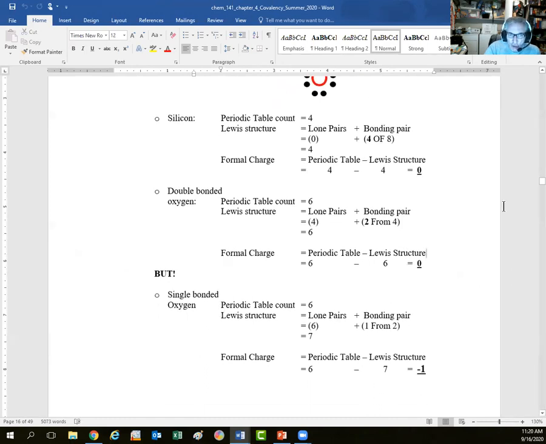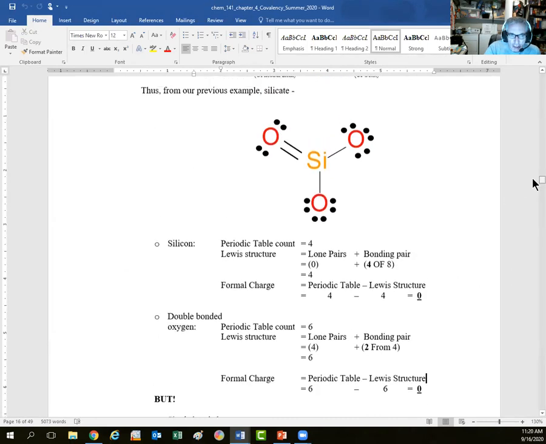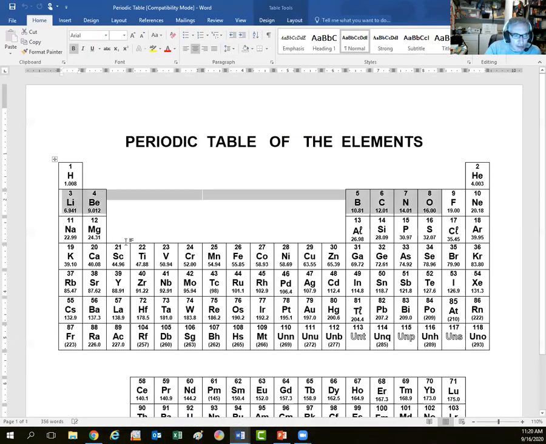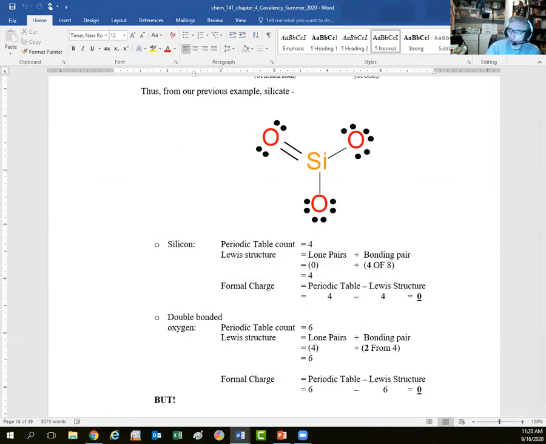Again, how many electrons should the oxygen atom control? That's just straight off the periodic table, as we've already looked: 1, 2, 3, 4, 5, 6. How many does it control? Again, as we look at it, looking at that shell around the oxygen, 1, 2, 3, 4, 5, 6 electrons, and they belong exclusively to that oxygen.